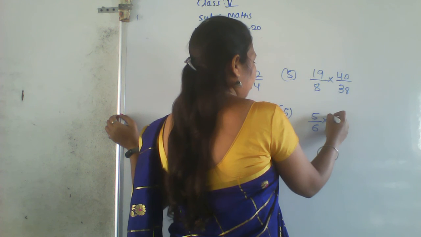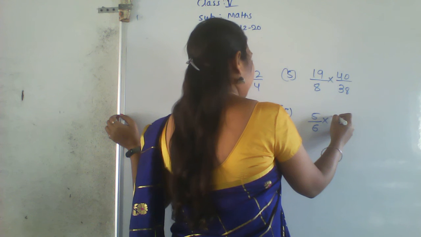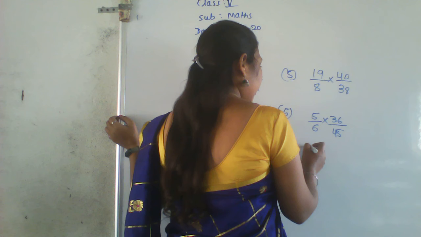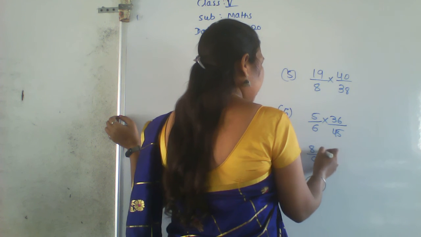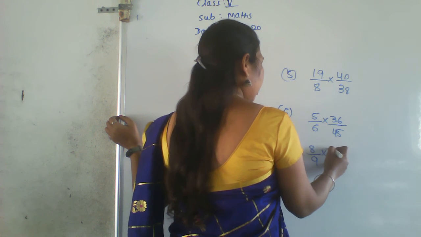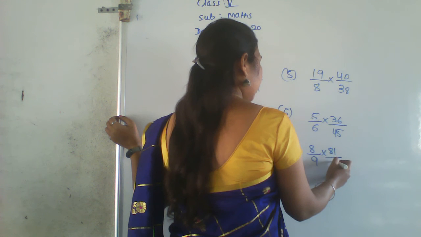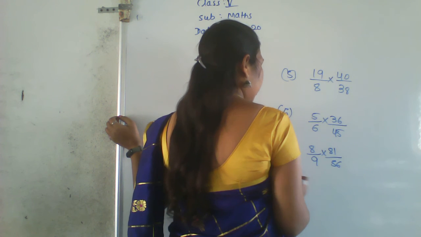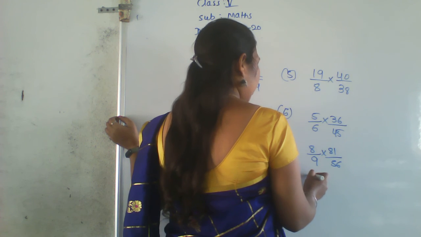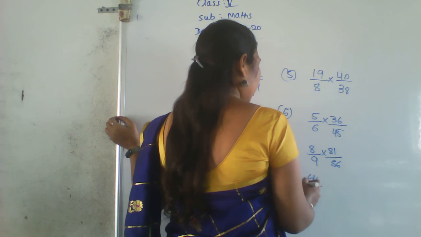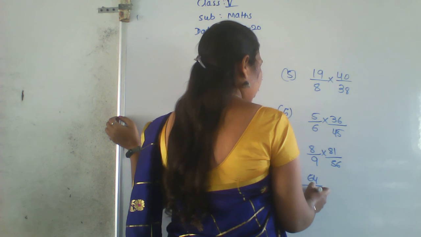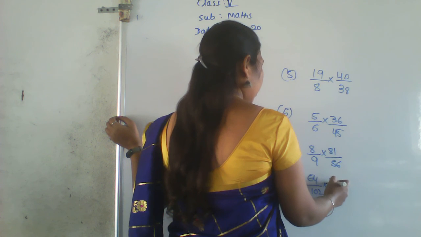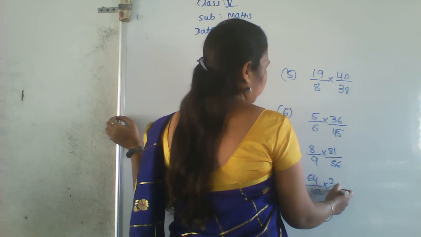Sixth one, 5 by 6 into 36 by 45. Seventh one, 8 by 9 into 81 by 56. Eighth one, 81 into 2 by 8.